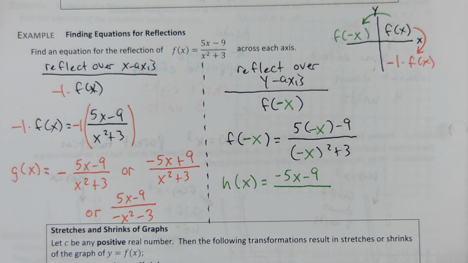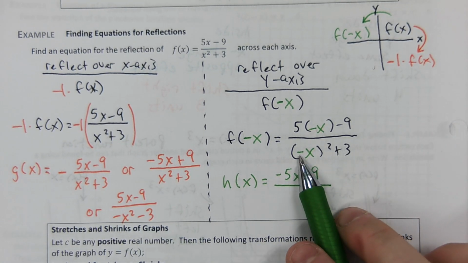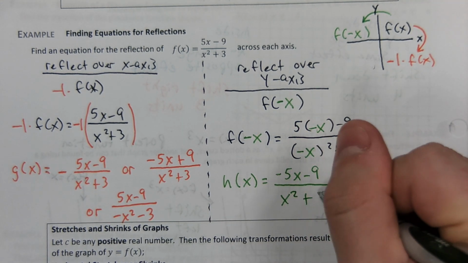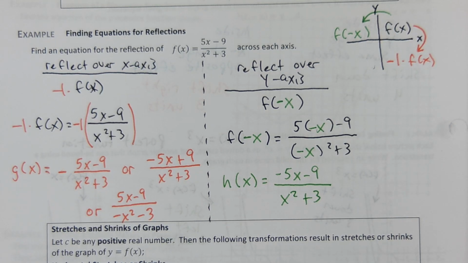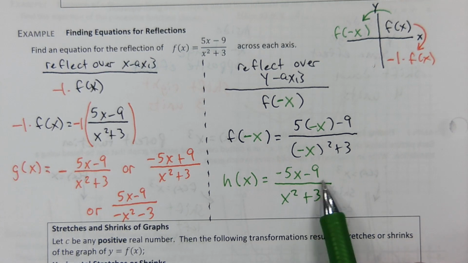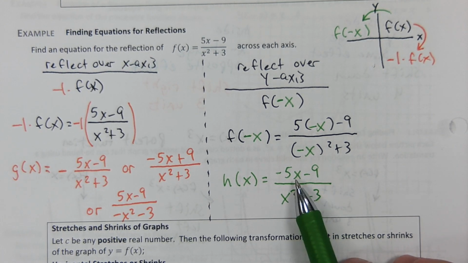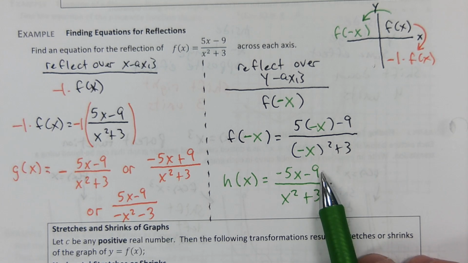Now in the denominator, negative x quantity squared means negative x times negative x. If you multiply those two negative numbers together, you get a positive result. And x times x is x squared. So there is our h of x. I could factor a negative 1 out of the numerator and make the numerator say 5x plus 9 if I wanted to.